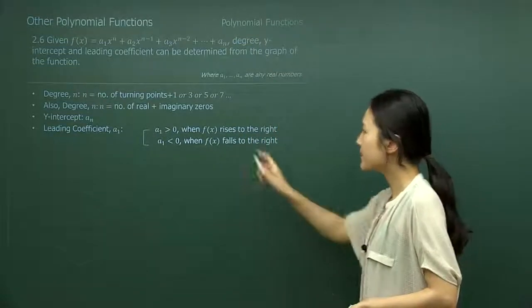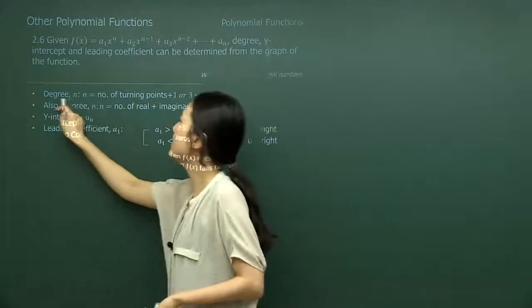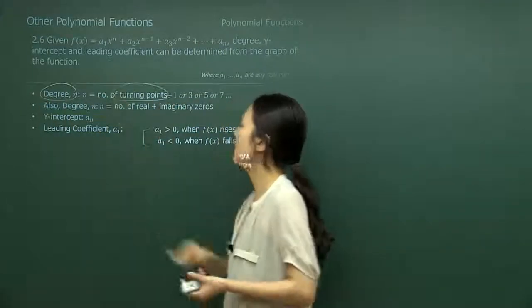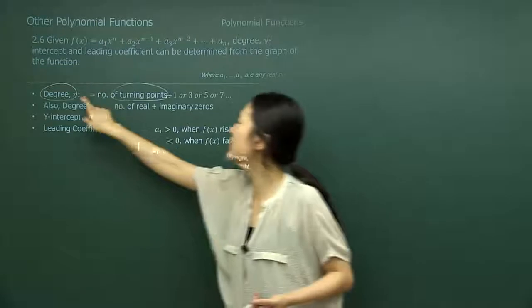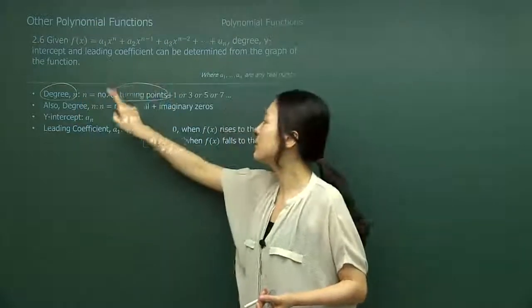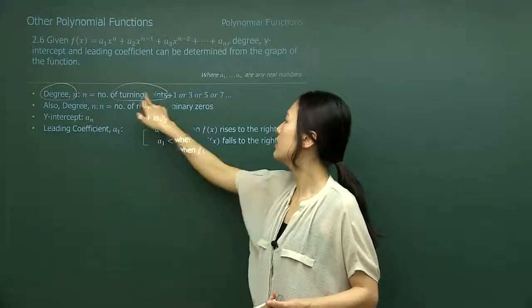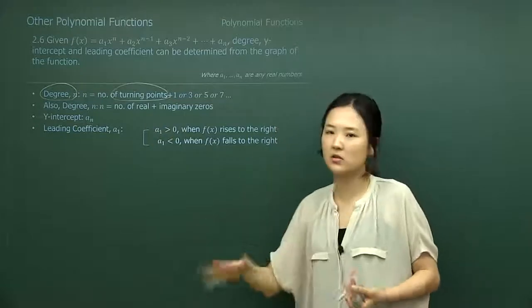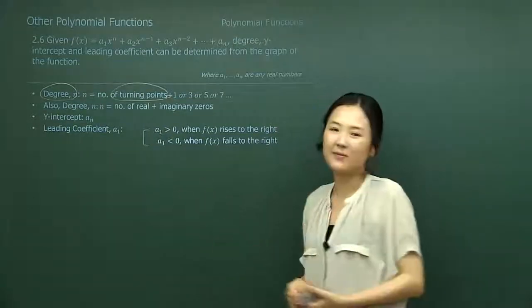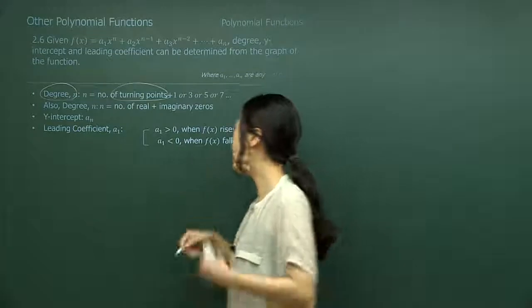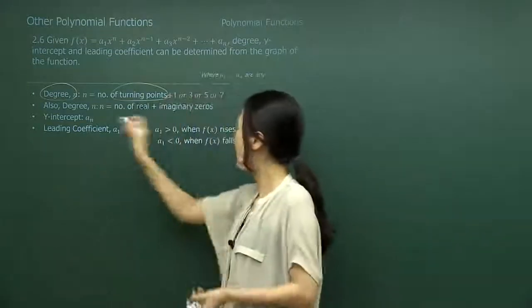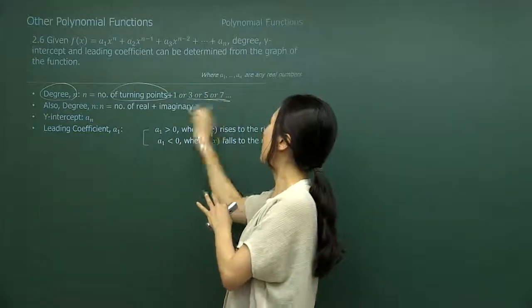The relationship between the degree and the turning points is that if your degree is n, then the degree must equal the number of turning points plus 1, or 3, or 5, or 7. I know it's a little bit vague, but actually it's really simple.